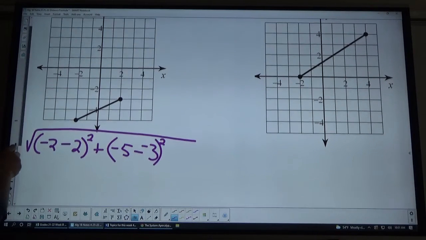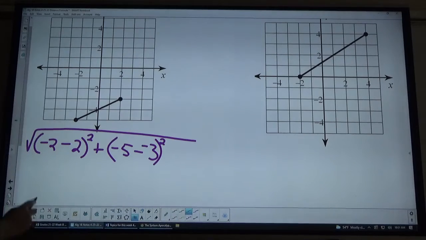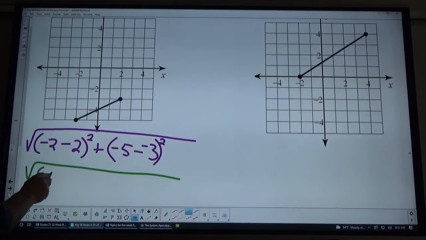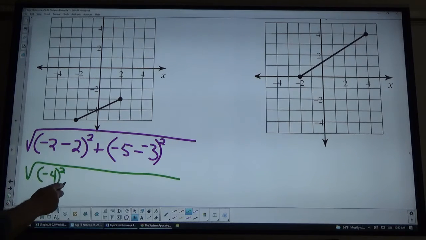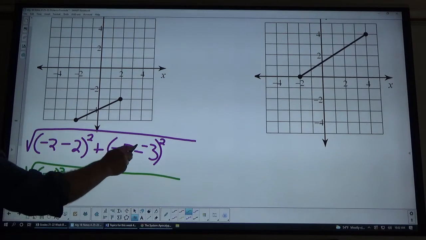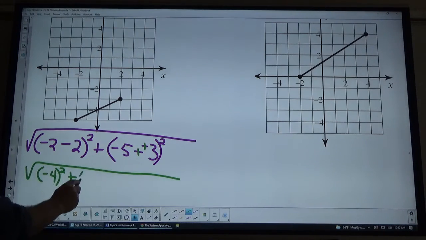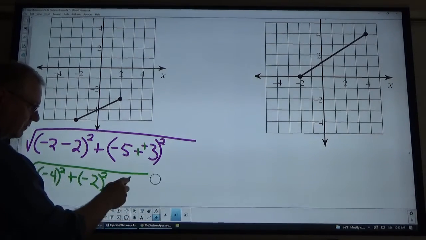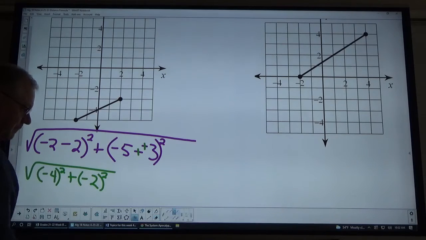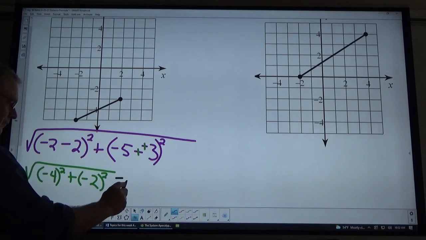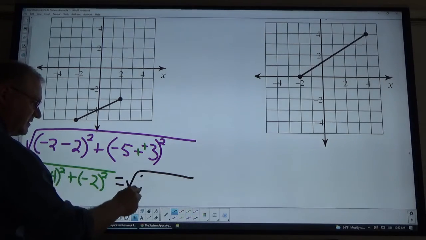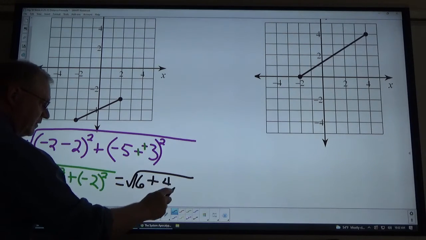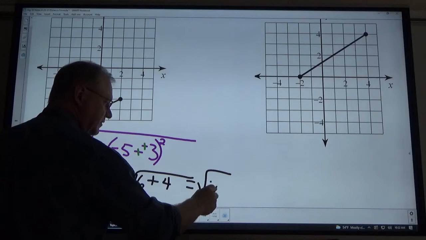All right, so if I actually do this out, negative 2 and negative 2 is negative 4 squared, and negative 5 plus positive 3, negative 2 squared. 16 plus 4 is square root of 20.